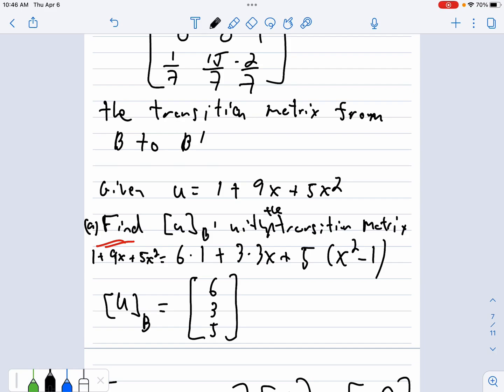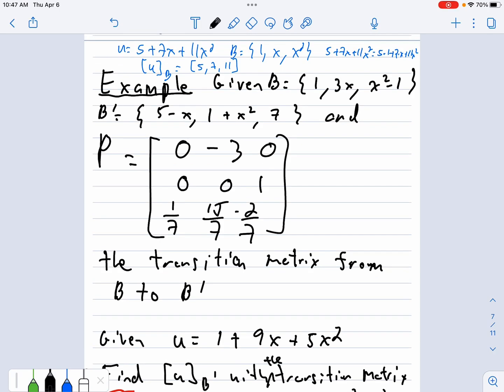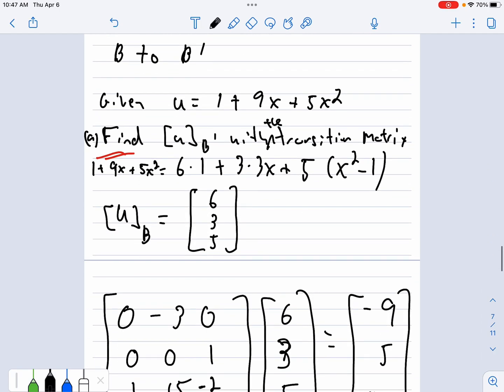The first thing you need to do is take that vector u, which is 1 plus 9x plus 5x squared, and write it out as a linear combination of the basis vectors from B. The basis vectors of B, going back up here, were 1, 3x, and x squared minus 1. So how do I go about doing this?